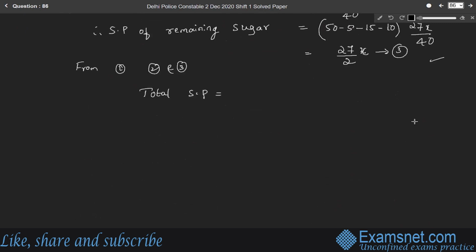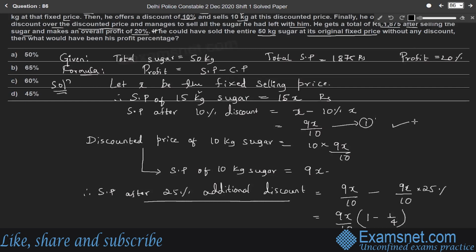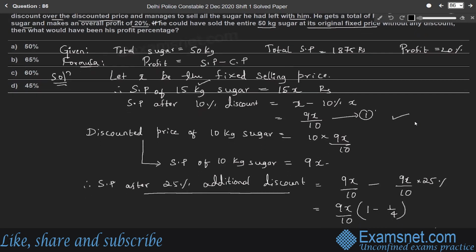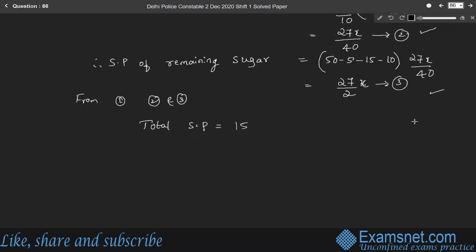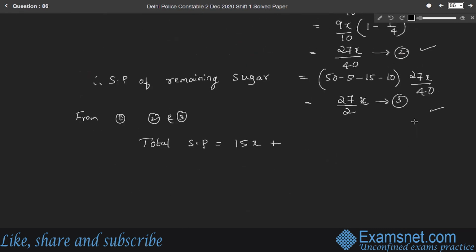So total selling price is equal to selling price of 15 kg sugar. First 15 kg, he sold 15 kg of sugar. So 15x plus here selling price of 10 kg of sugar, that is 9x, and the remaining sugar is equal to 27x by 2.